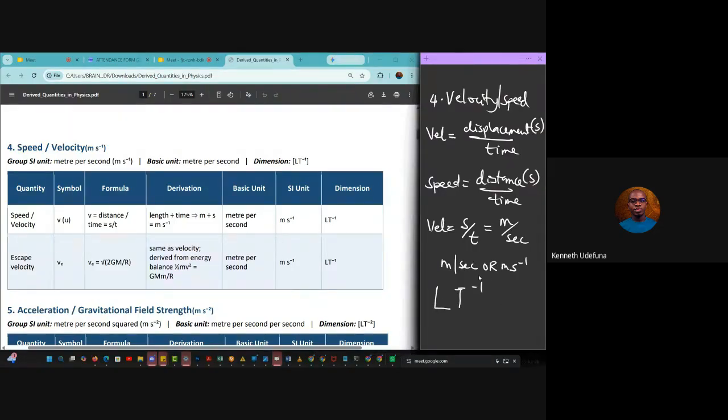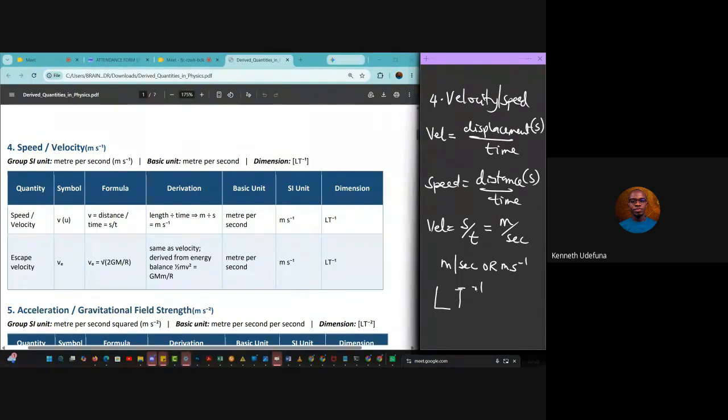Somebody said the dimension is going to be M over S. No. Remember, capital M means kilogram. But small m, which is meter, is written as capital L. Then for second, it is written as capital T. So it's going to be L T^-1.